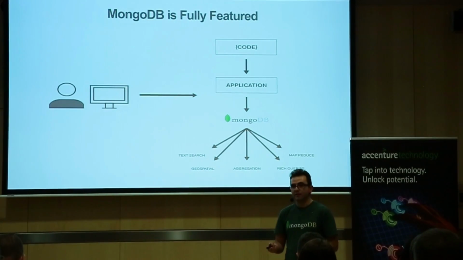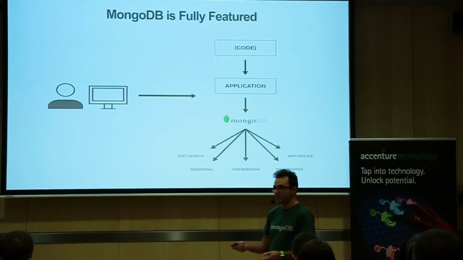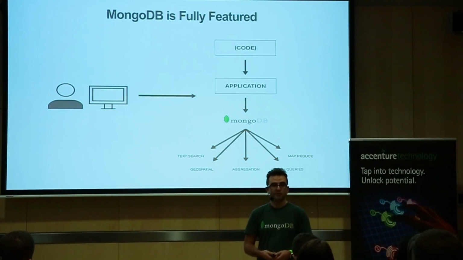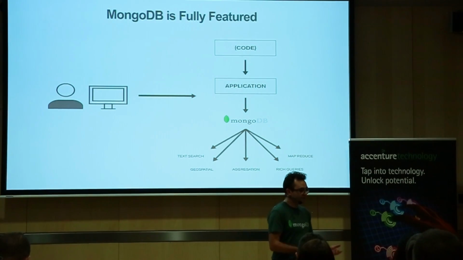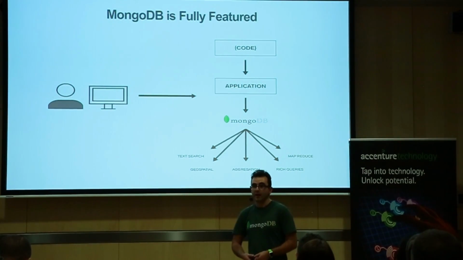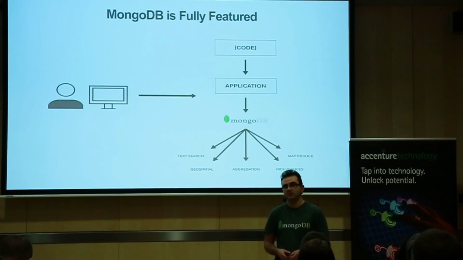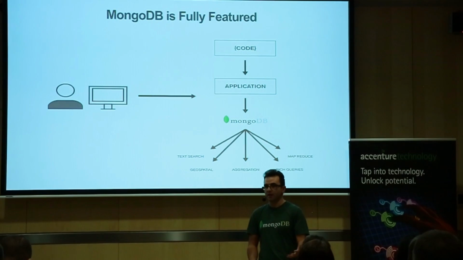So we have an analytical workload that can be processed by either our aggregation framework or our MapReduce engine. You can express rich queries using the MongoDB query language. You can build all sorts of applications using geospatial capabilities or aggregated data anytime that you like. It's a simple programming model: you just call a library and you execute code on it.